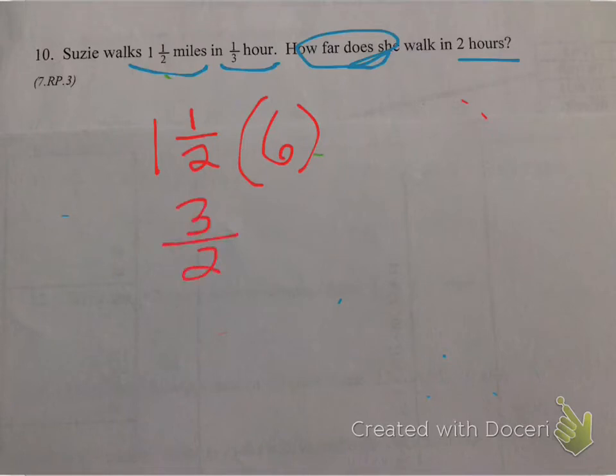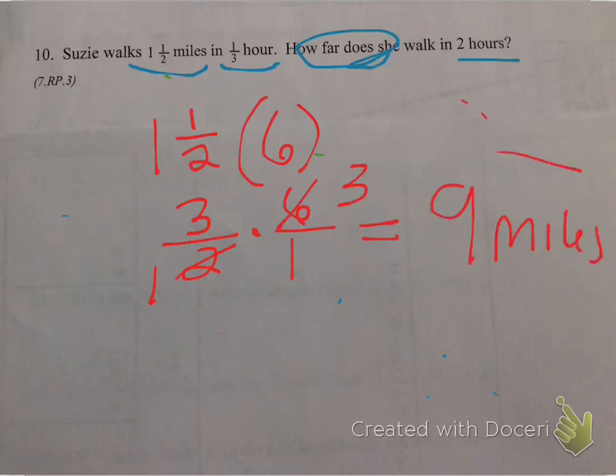So that would be 3/2 times 6/1, and again, you get the same answer, 9 miles. Okay, it's using a different way to solve that, and not the proportion method, but you still get the same answer, and that's totally acceptable.